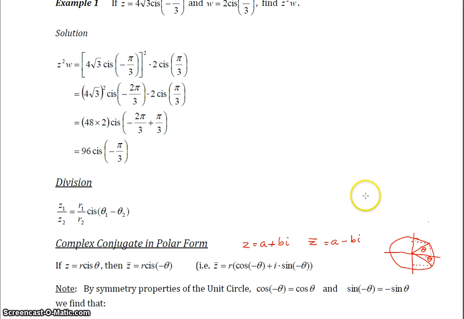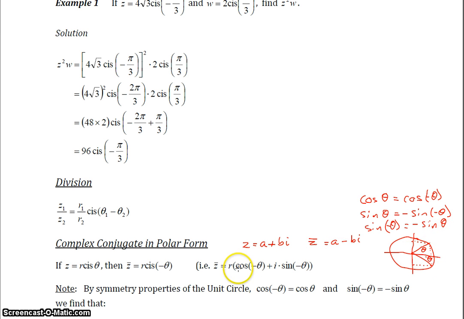So we could say that cos theta is equal to cos negative theta, but sine of theta is equal to negative sine of negative theta. Or in other words, sine of negative theta will be equal to negative sine of theta. Well, how does that help us?